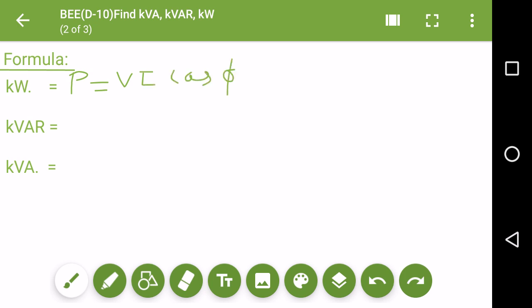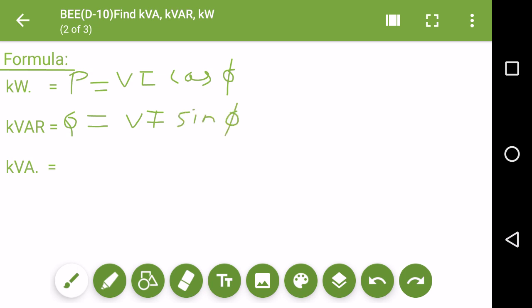The second power is KVAR. This power is called reactive power, and its formula is VI sin phi.